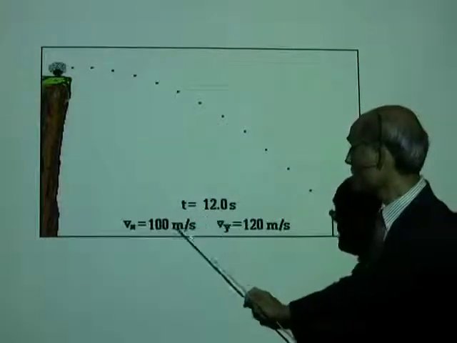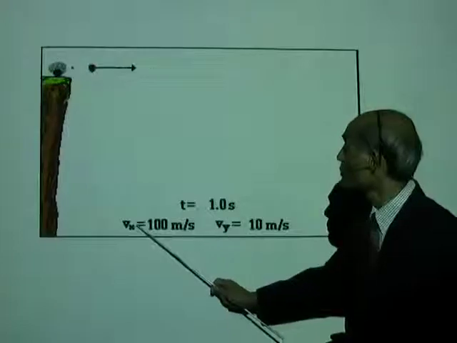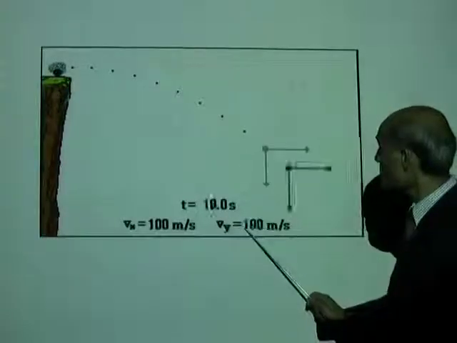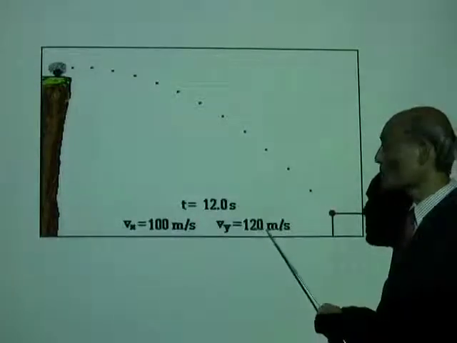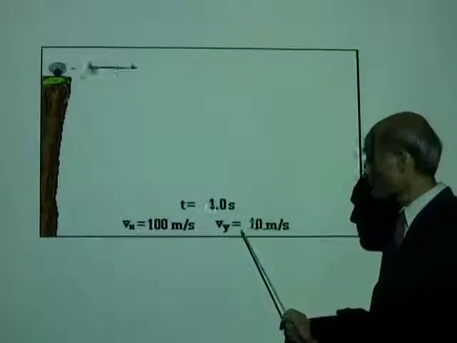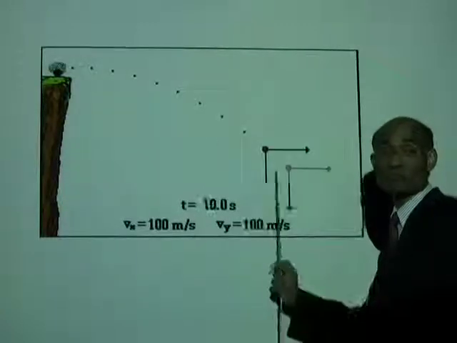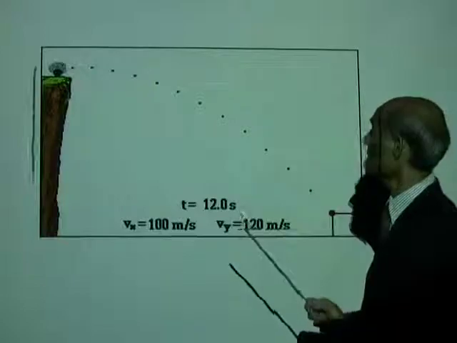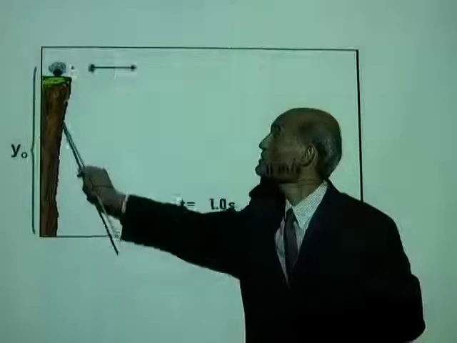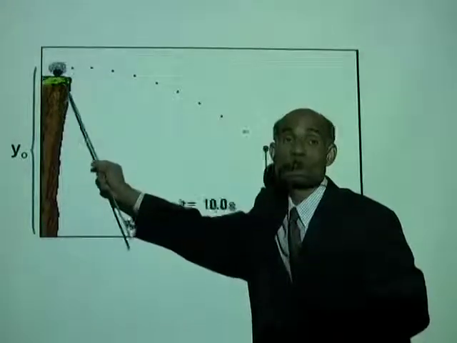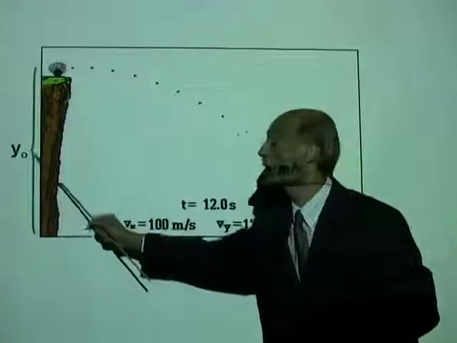You can see as the animation proceeds, Vx does not change, but Vy keeps on changing. Now remember that Vy is negative because it is directed downwards. This is y0, the height from which the projectile is projected.